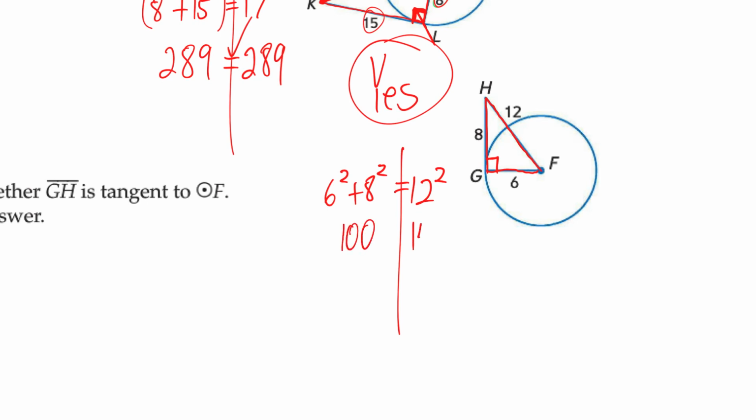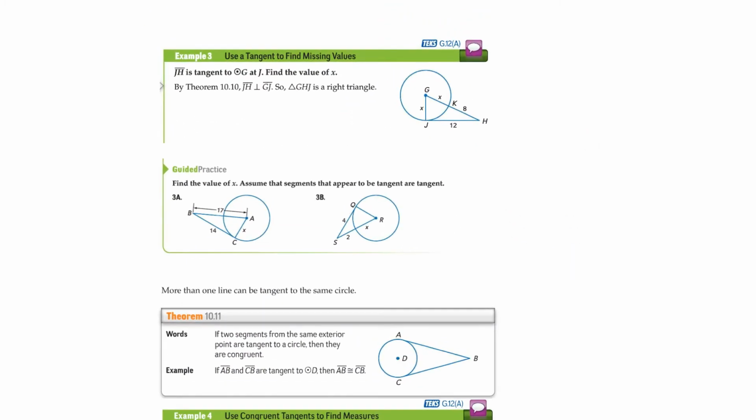What's 12 squared? 144. Those are not equal. So this is not a right angle. It is not tangent. So the answer is no. HG is not tangent to circle F.